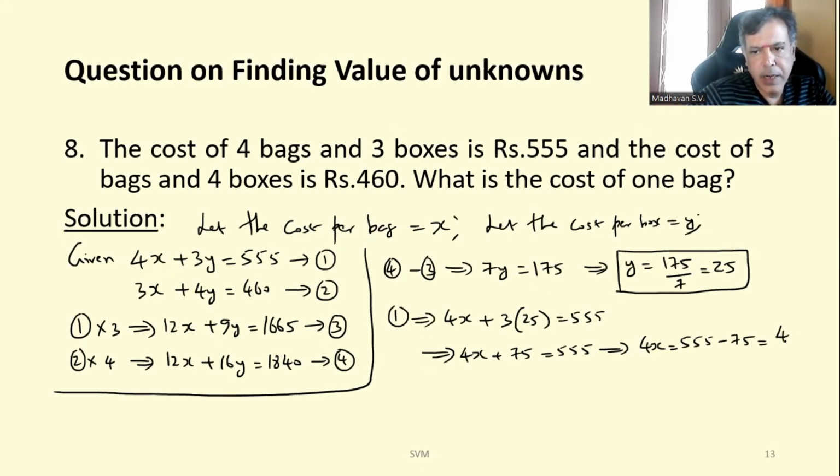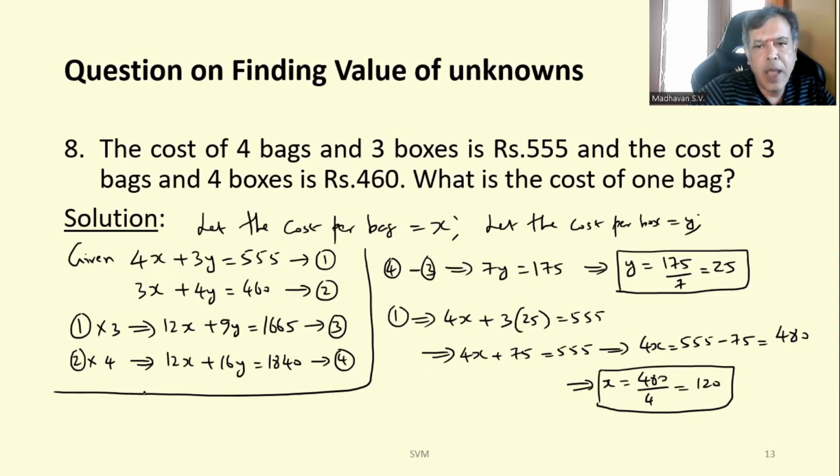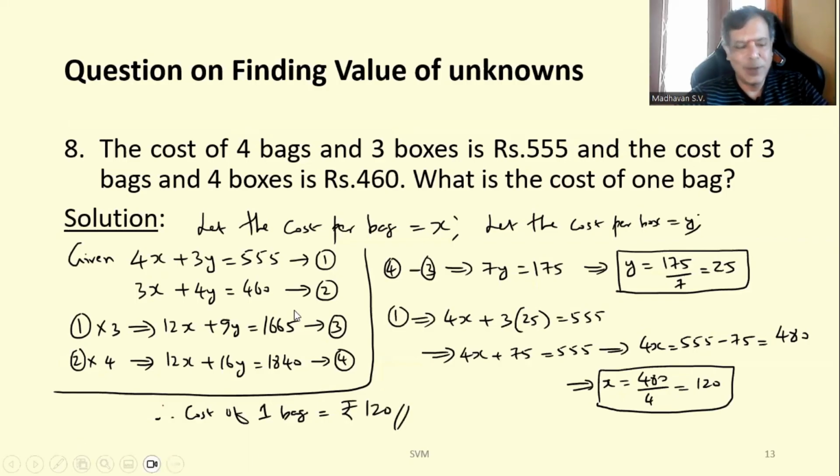If I subtract, I get 480, which means our X is 480 by 4, which will be 120. So the question is, what is the cost of 1 bag? Therefore, the cost of 1 bag, which is our X, is rupees 120. So that will be the solution for this question.